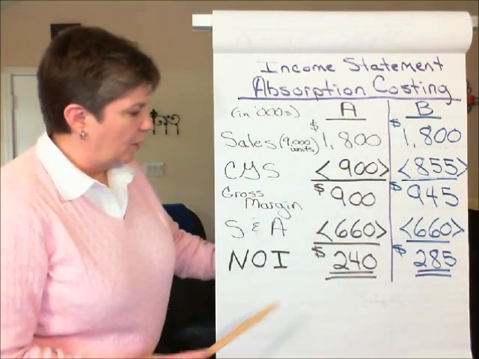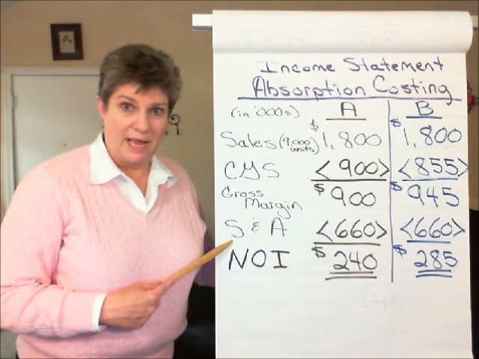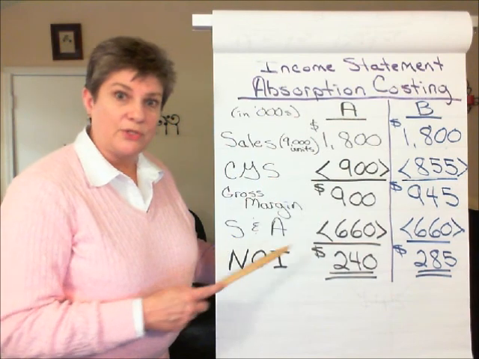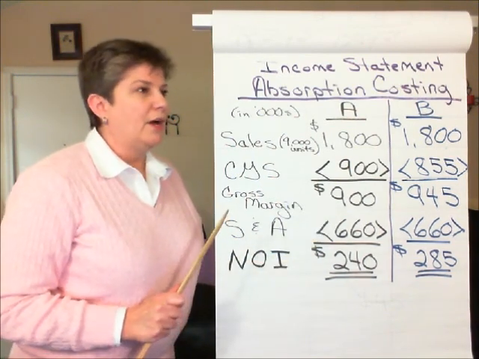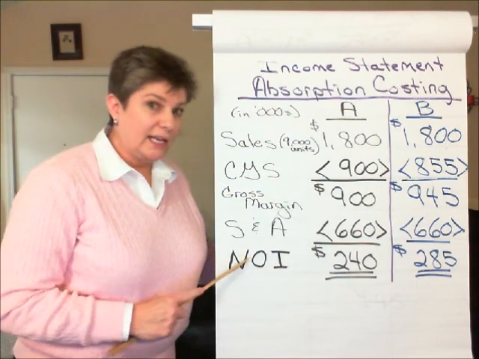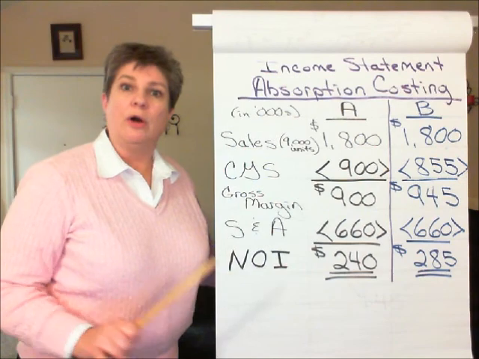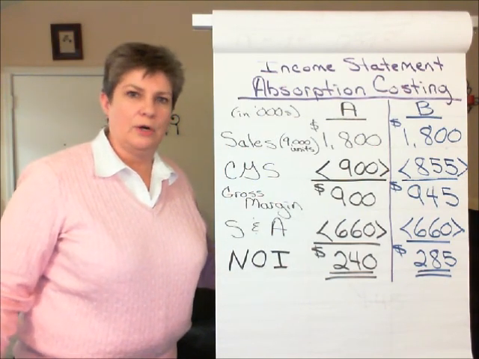Notice also that the selling and administrative expense amount is the same in both scenario A and scenario B. Under both absorption and variable costing, selling and administrative expenses are period expenses. They are expensed as incurred.